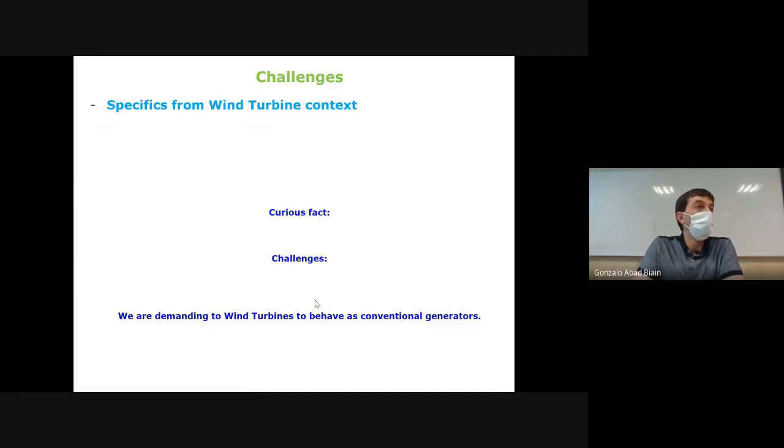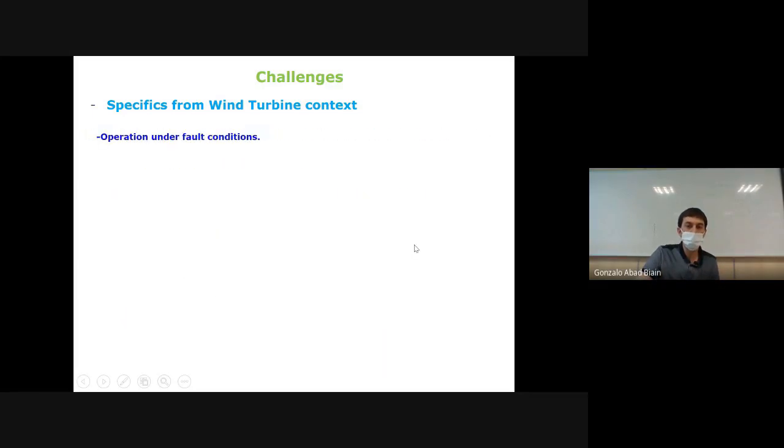So you realize this is something quite curious, because what we are demanding of wind turbines is to behave as conventional generation systems. Conventional generation systems have the ability to provide all the power that you want.